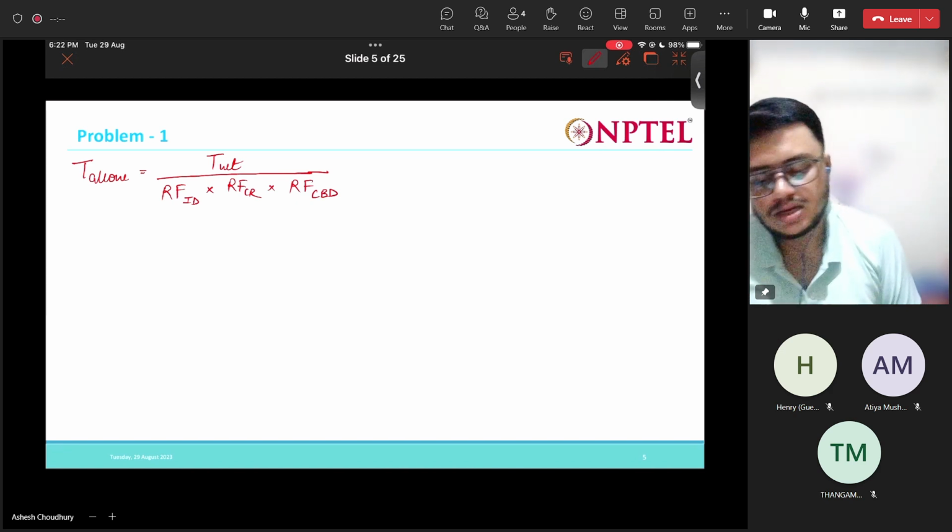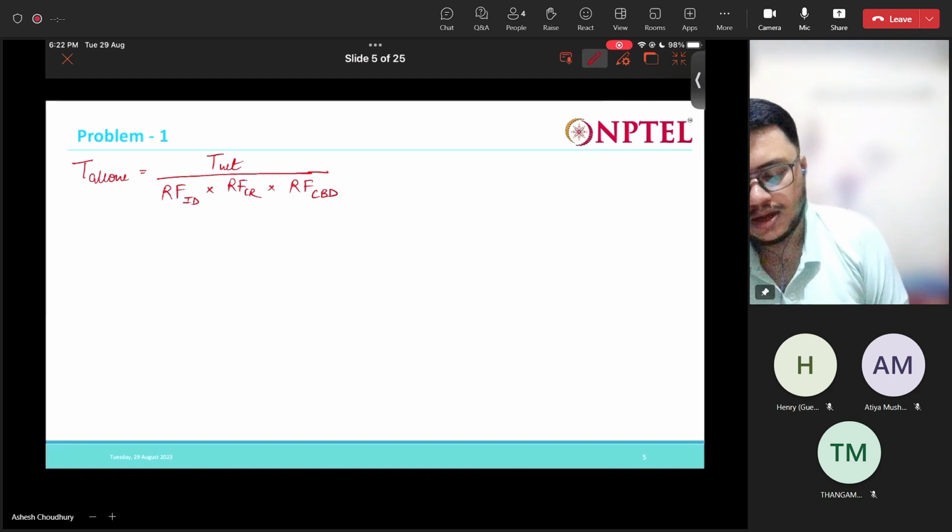So T allowable is nothing but T ultimate divided by reduction factor installation damage, reduction factor creep, and reduction factor chemical biological damage. Okay, if we remember, I had shown one table in the previous class.